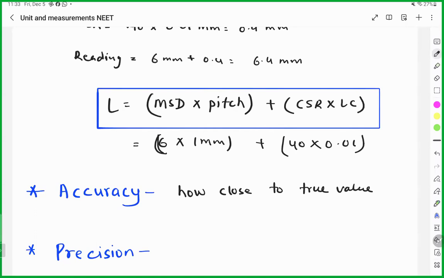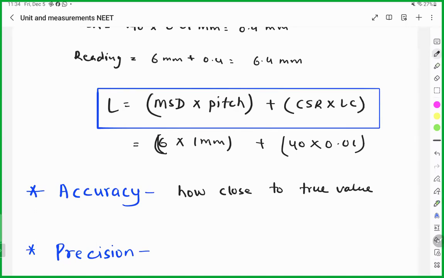Any doubt? What is the precision? How consistently you get a result, even if it is not close. Every time the real reading is 10.2, but every time you are getting 10.5, 10.5, and 10.5 only. So you will say that your result is precise, as every time you are getting the same answer. It's not compulsory that it should be close to the true value.